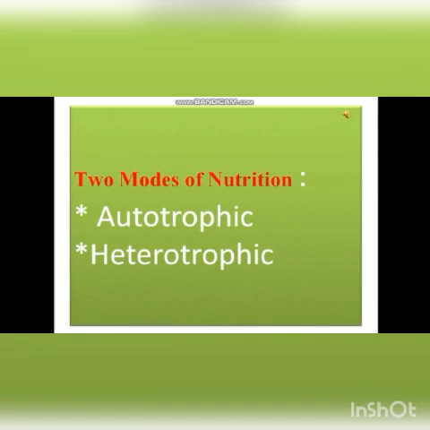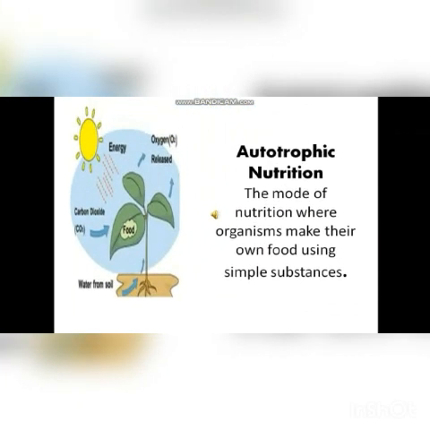So students, nutrition is further divided into two parts. We have two modes of nutrition, that is autotrophic nutrition and heterotrophic nutrition. Autotrophic nutrition is defined as the mode of nutrition where organisms make their own food using simple substances.